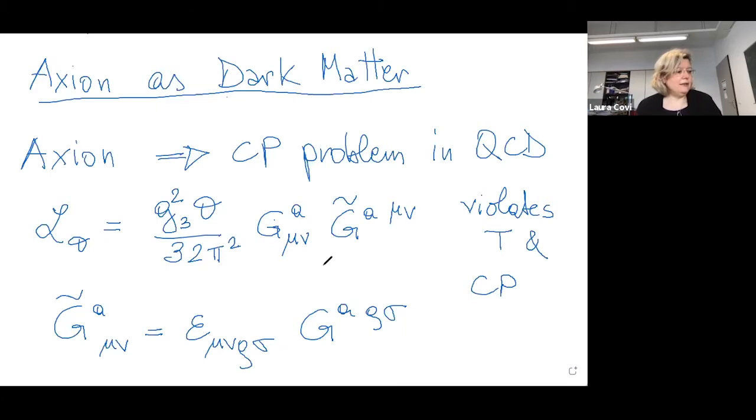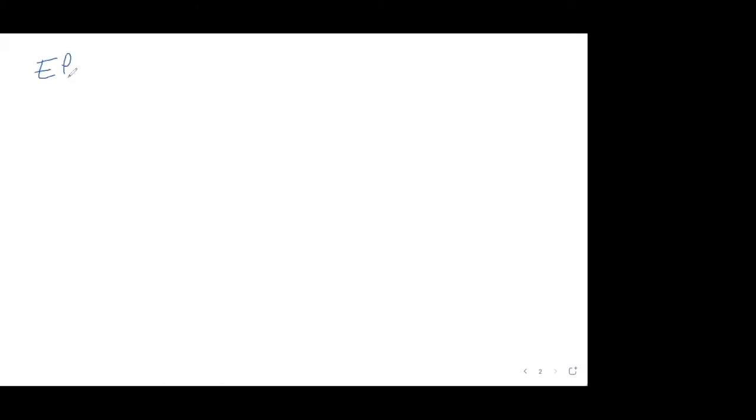One of the observational consequences of having this term is that you have also some CP violating coupling for the pion. This has consequences, for example; we can write explicitly one important observable, which is the dipole of the neutron.